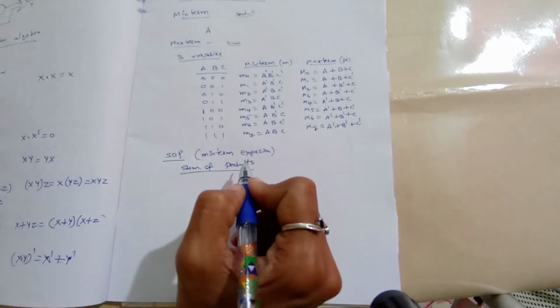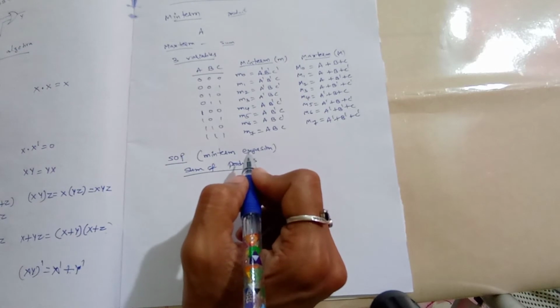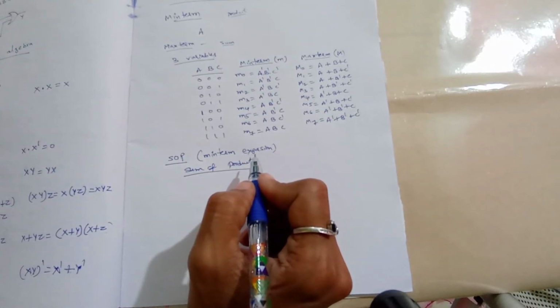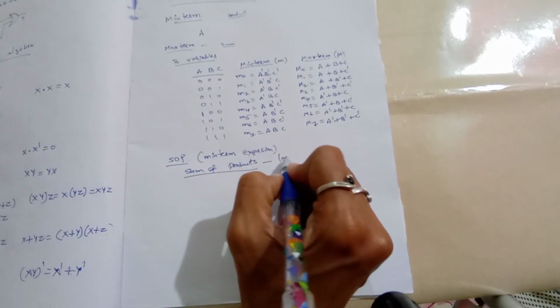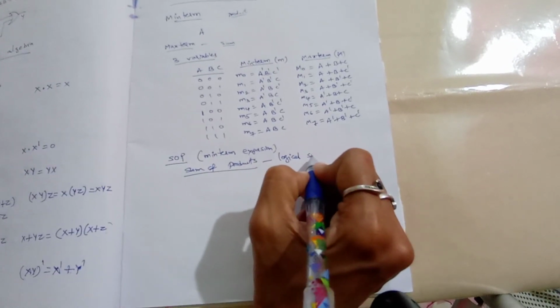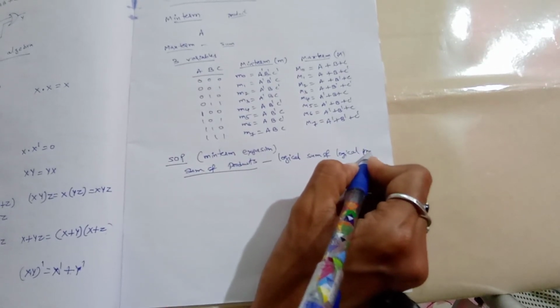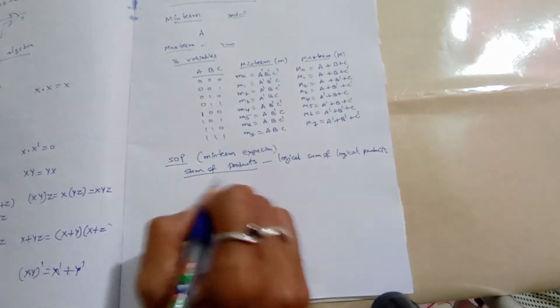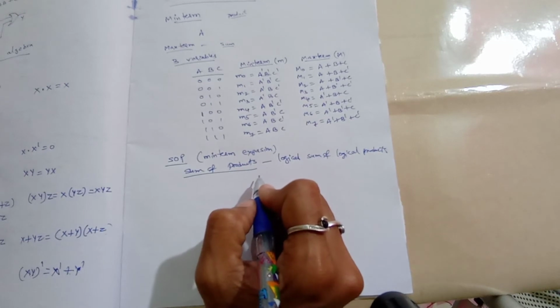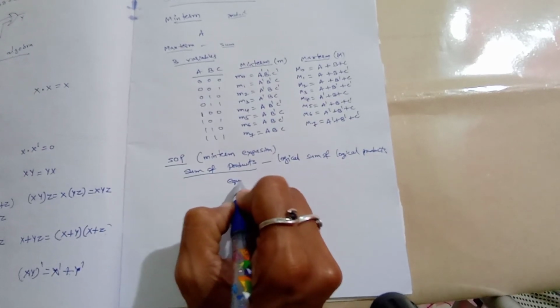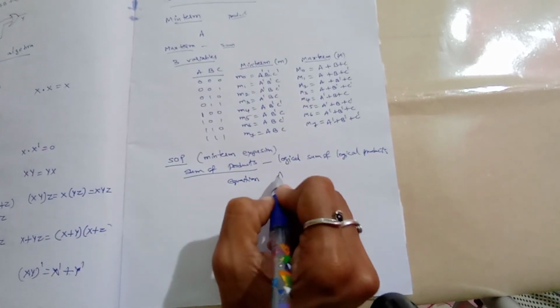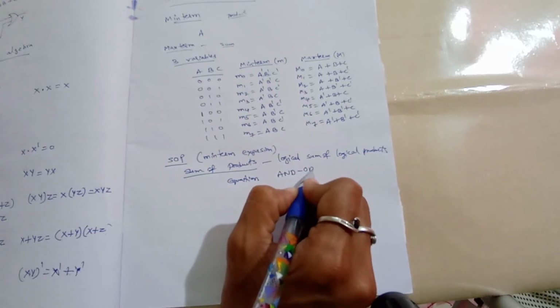That is a Boolean equation, that is a logical sum of logical products. This is the logical sum of logical products, which is the sum of products. That means the expression, that is the equation, applies an AND-OR circuit.